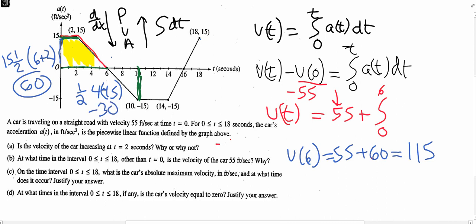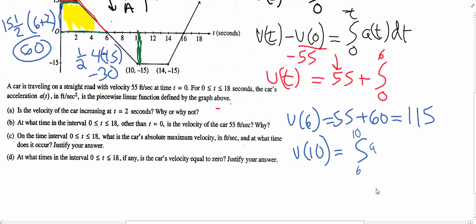So if I want to look at the velocity at 10 seconds, sorry, at 10 seconds, it's equal to the integral from 6 to 10 of the acceleration. And we already know what 6 is, right?